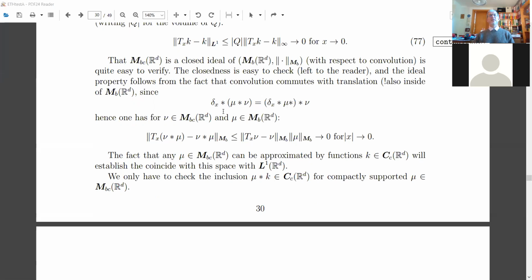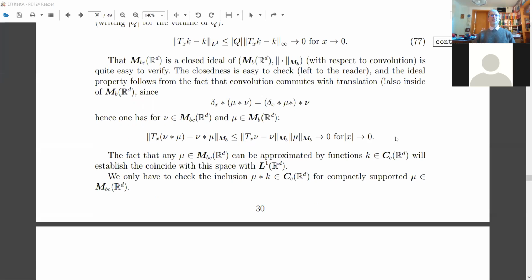But because of the associativity, the shifted version of a convolution product is the shifted first factor nu, and then convolved with mu. Then you can apply the distributive law to say this difference is actually t_x nu minus nu, and then this expression convolved with mu. And by the submultiplicativity, you only have to look at the shift behavior of nu times the constant norm of mu. So the first part goes to 0, the second part is a constant, so the product is going to 0.